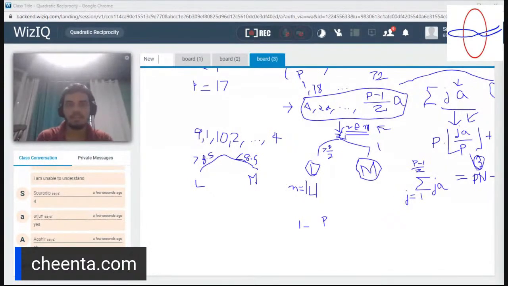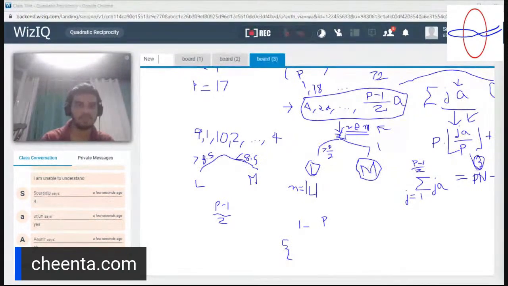Right. So the other thing that we drew last class, if you remember, is that the total number of elements here is p minus 1 by 2, correct? It does not span all of the numbers from 1 to p minus 1, right? There are 8 numbers here, and so after distributing also, total elements in L plus total elements in M would always be 8.